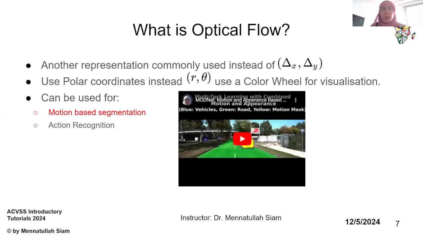Why do we care about optical flow? You'll see that most of the previous methods, before the recent ones, were using optical flow as input to perform, for example, segmentation of motion. If you have a moving object and you're trying to segment it, this is part of the research that I was personally doing.